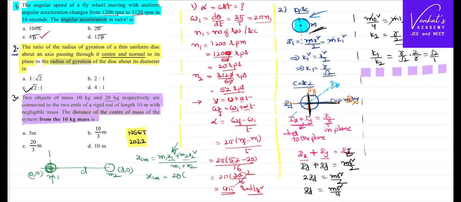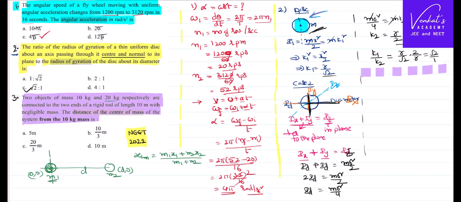Sorry, I missed something earlier, there is no square actually. Let me correct it. The formula for xcm is m1 x1 plus m2 x2 by m1 plus m2.